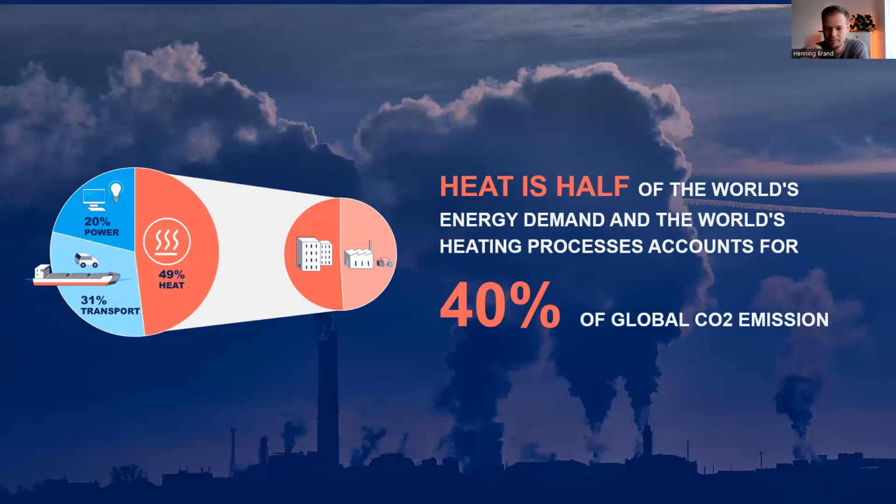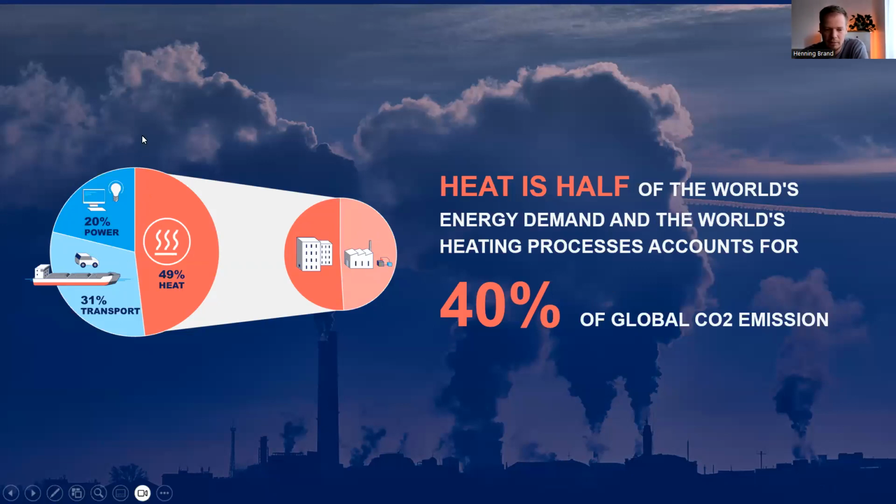So to recognize that heating is half of the world's energy demand, is the way we consume heating in our buildings as well as in our industry. If you have a look at this pie chart, you can see that we do need electricity for our laptops and for our lighting and such equipment, and we need energy for the way we transport ourselves and our goods.